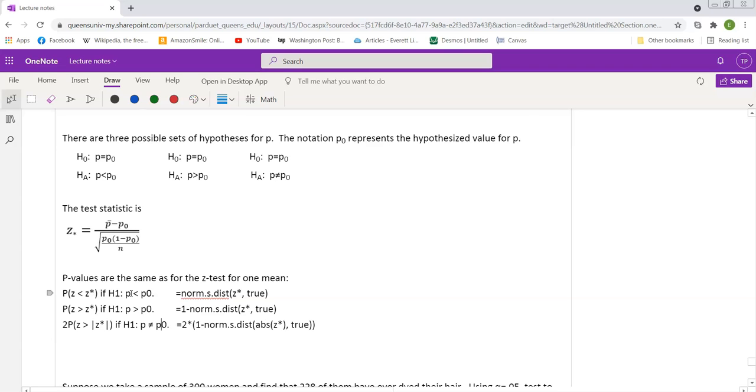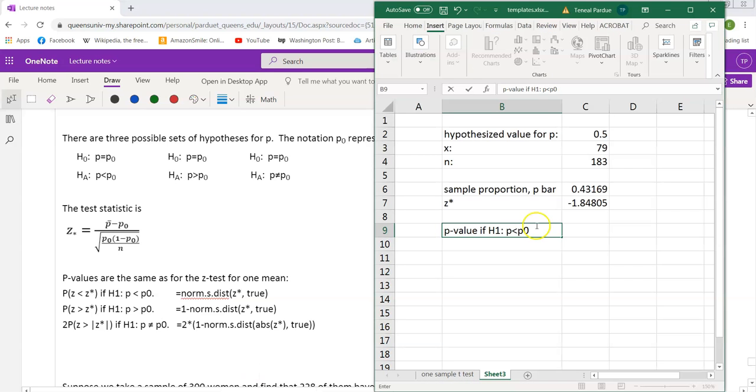But that's the only thing that changes. And then we're going to have the same thing but one for greater than and one for not equal to.